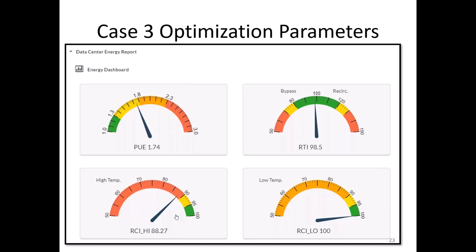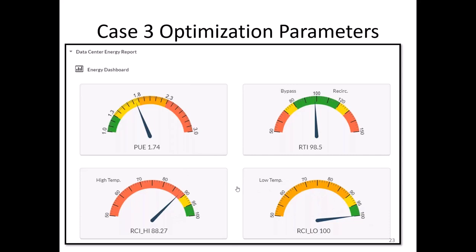And the PUE, of course, goes down, becomes better, because we get even more benefits from that cubic fan law. And RCI will drop a little bit because, again, we're not pumping in as much air. And the RCI low is still high.